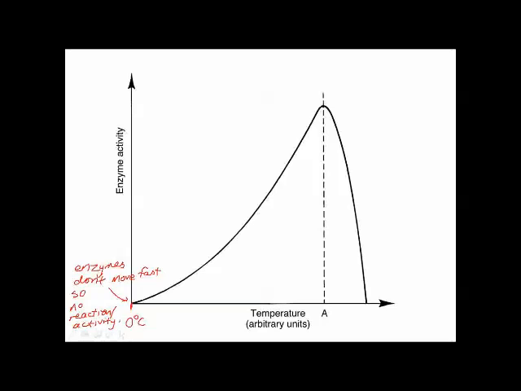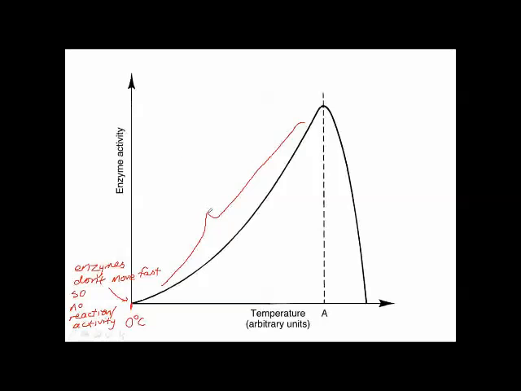So there's no reaction and no activity at 0 degrees Celsius. So as the temperature increases, it increases pretty much steadily. I wouldn't say it's linear, but it looks pretty linear at this point here, but it increases.